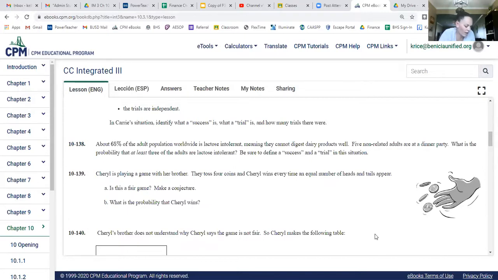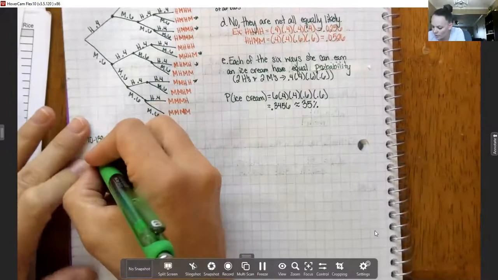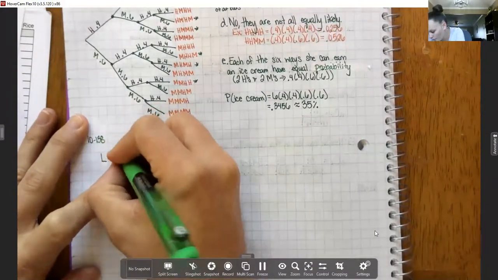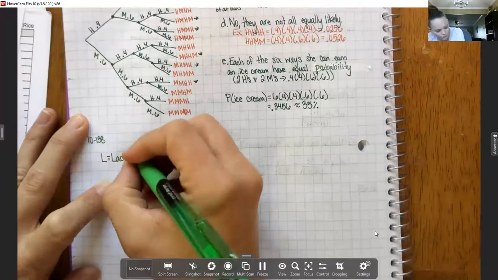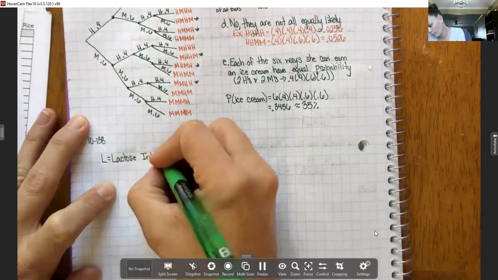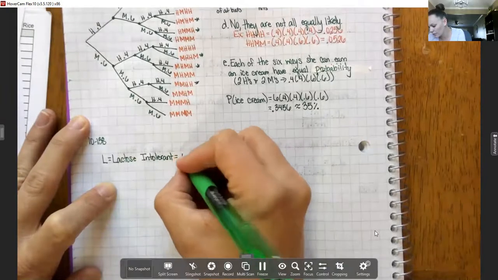So that's just going to be how many guests and then the lactose intolerant. It says they're not related to not have genetics be a factor in this problem. So I'm going to use L for lactose intolerant, and every L is equal to 0.65.